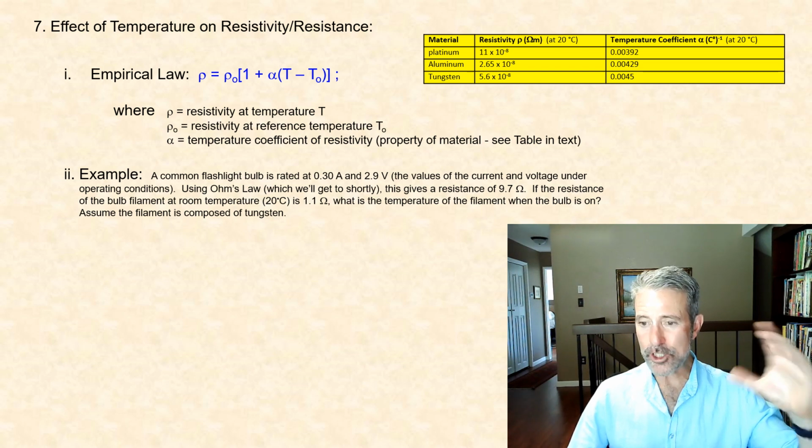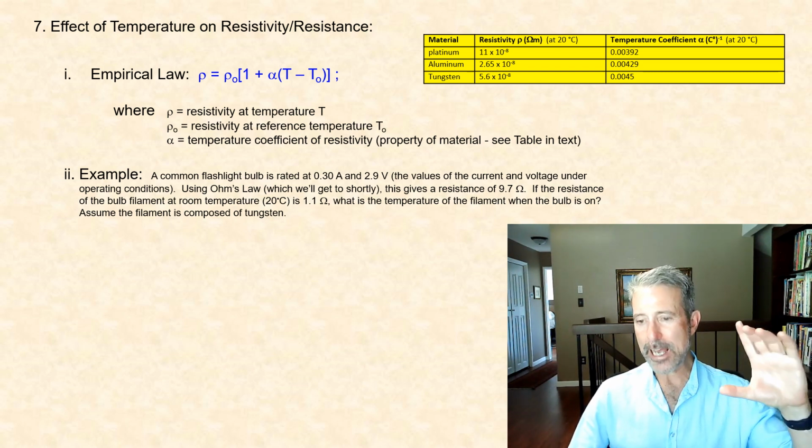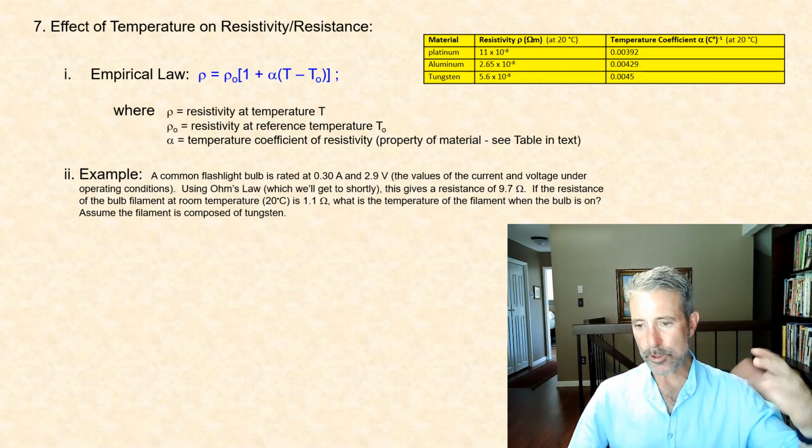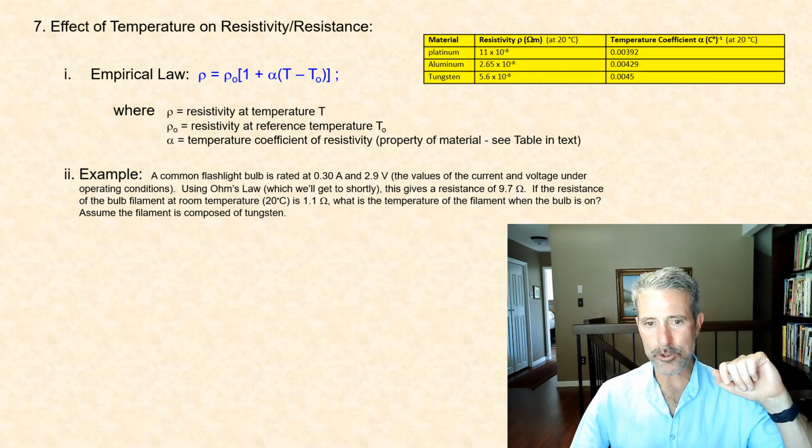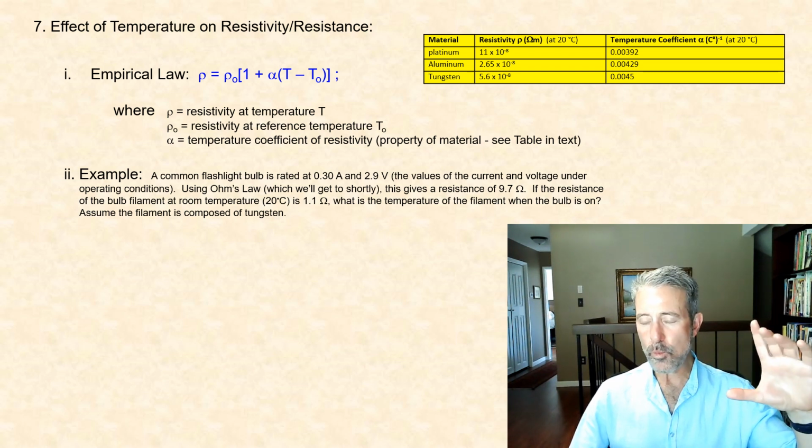But when it's actually operating, that is when you actually have a current in your circuit, as we will find out, the actual voltage, the operating voltage, is going to drop slightly, in this case from 3 volts down to 2.9 volts.